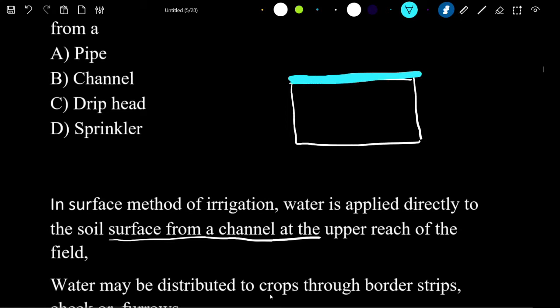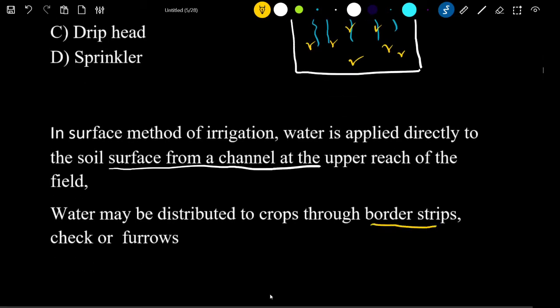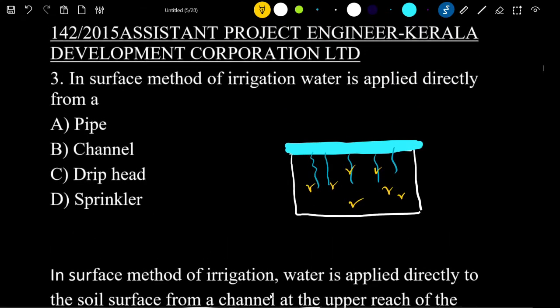A number of channels will be dug throughout the land, and through these channels or field ditches, water will be circulated, and this water is then diverted to the field in accordance with the requirements, and that water is used for raising the crop. That may be done through different methods, like the border strip, check method, furrow method, etc. These are the surface methods of irrigation.